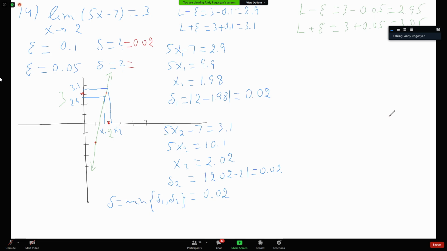So you have 5 times x1 minus 7 is 2.95. So 5x1 equals 9.95.